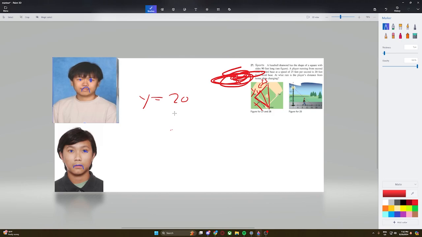And we can use the hypotenuse. So 20 squared plus 90 squared equals h squared, where h is the hypotenuse. We can find the hypotenuse right now. So h squared is 8,500.